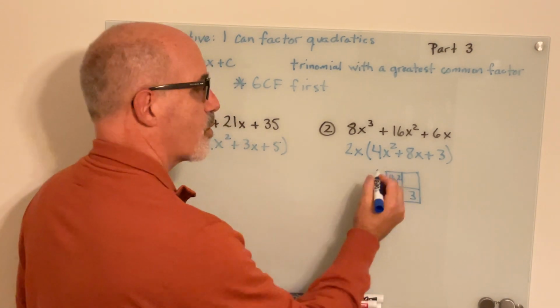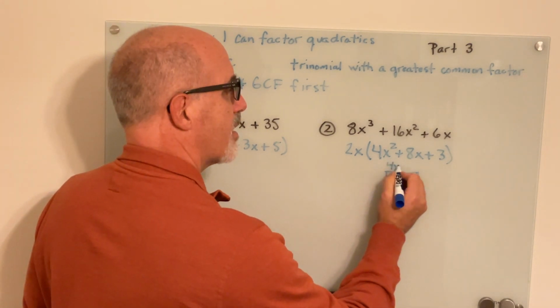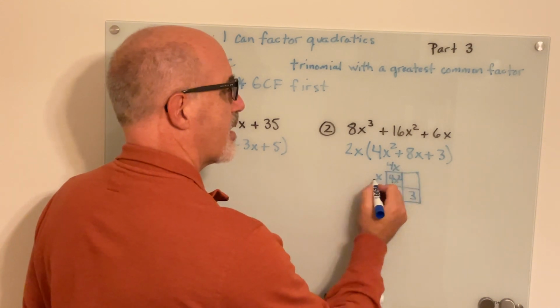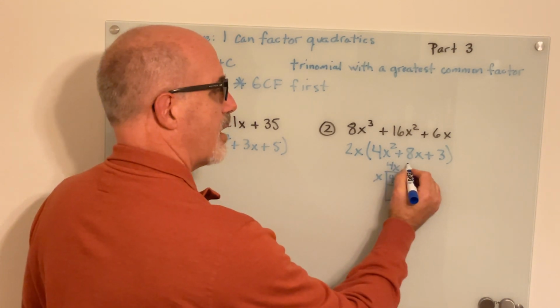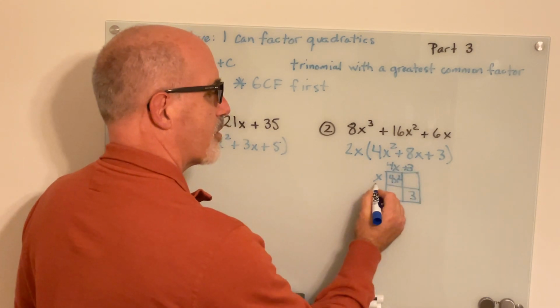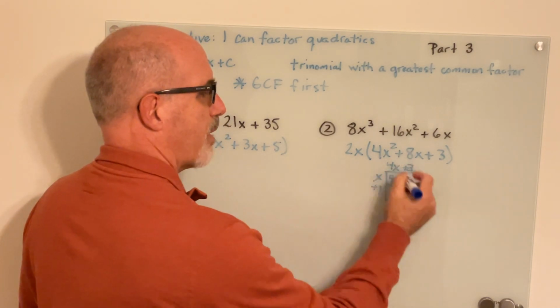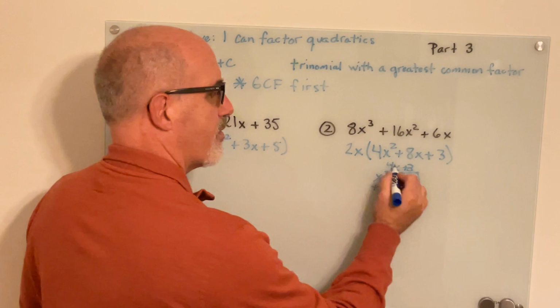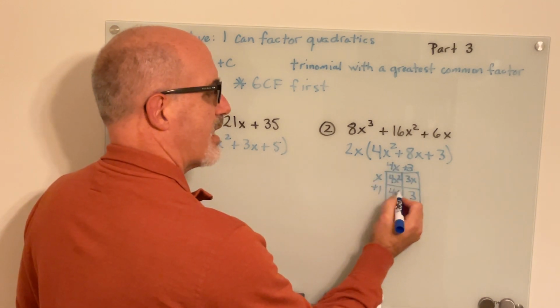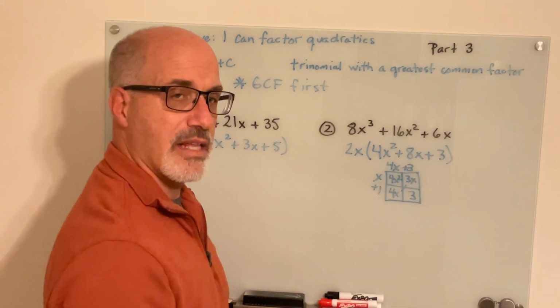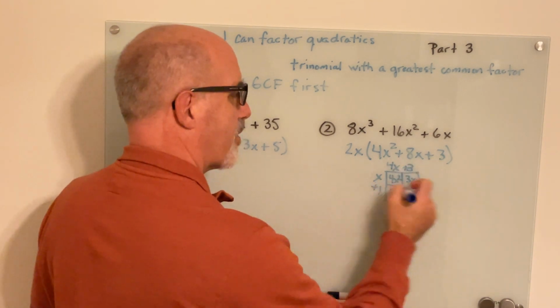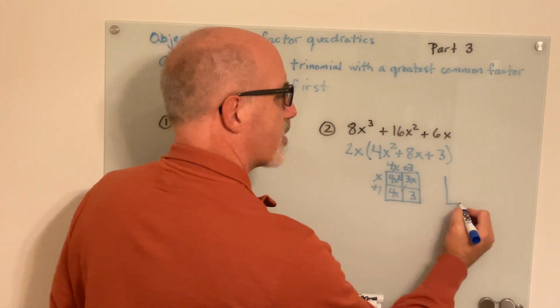So 4x squared could be 4x and 1x, and then 3 could be plus 3 and plus 1. And if I multiply, I get a 3x here. 4x times 1 is 4x. These two do not add together to give me that 8x. So let's swap the 3 and the 1, see if that works.